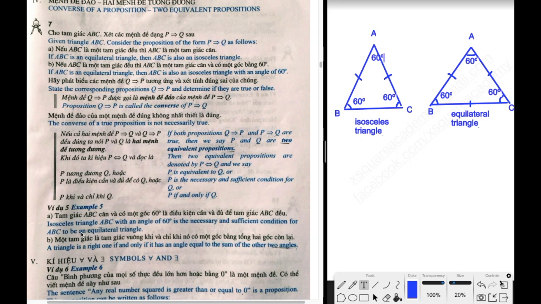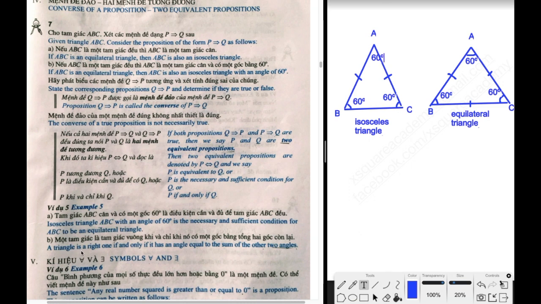Example 5. An isosceles triangle ABC with an angle of 60 degrees is the necessary and sufficient condition for ABC to be an equilateral triangle. In problem B, a triangle is a right one if and only if it has an angle equal to the sum of the other two angles. So I will help you to prove problem B, because problem A I have proved for you.